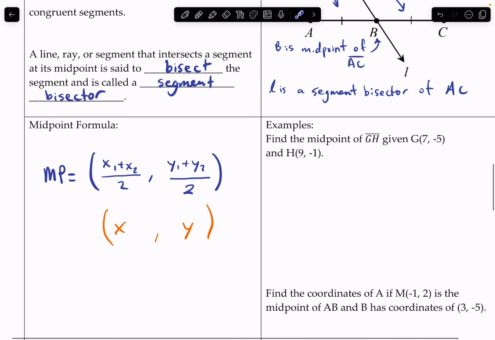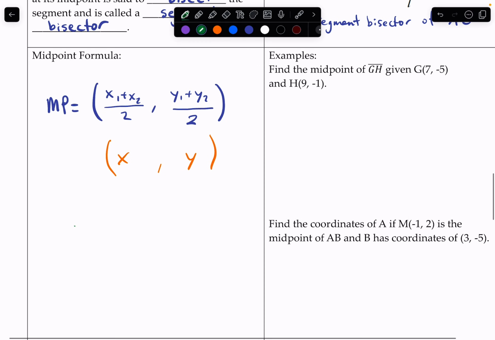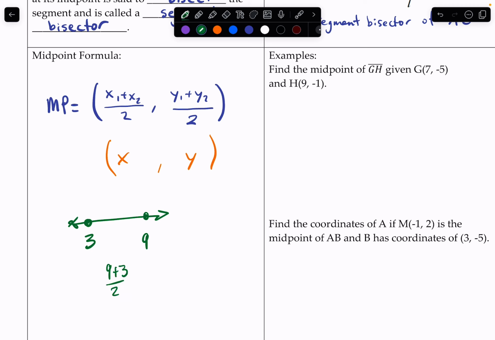If I were going from, let's say, point 3 to point 9, and I wanted to find the middle of that, if I did 9 plus 3 and divided it by 2, that's going to find me that average point, the one that is right in the middle, which in this case happens to be 12 divided by 2, which is 6. And sure enough, 6 is perfectly in the middle of 3 and 9.